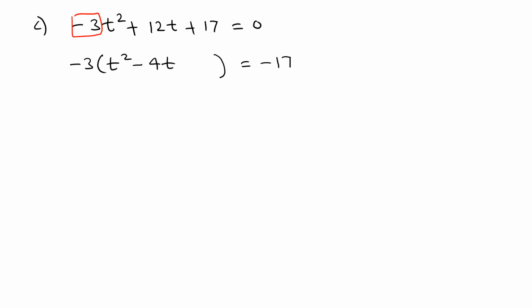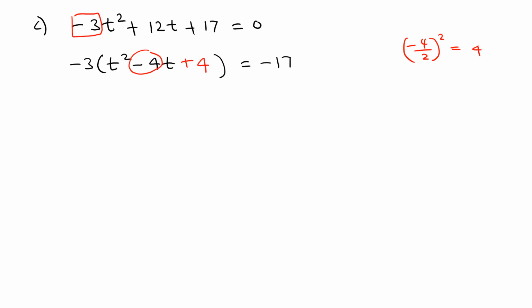So we move the constant term to the other side and factor out a negative 3. Now we're going to find the special term. And you can see this is the coefficient of the t term. So we're going to take the half of that. So it is negative 4 over 2, squared. So you can see which is 4. So you're going to add 4. But when you add 4, you are not really adding 4.